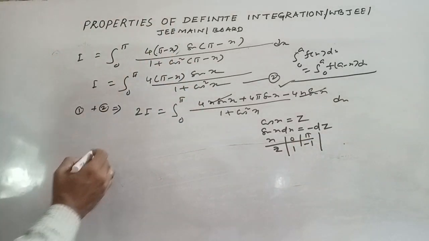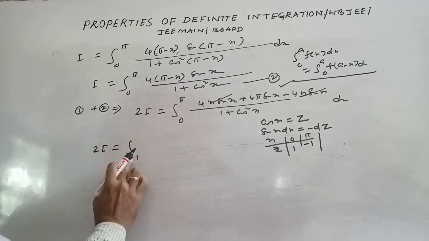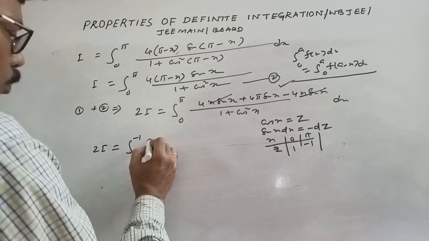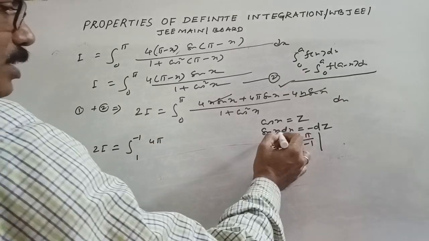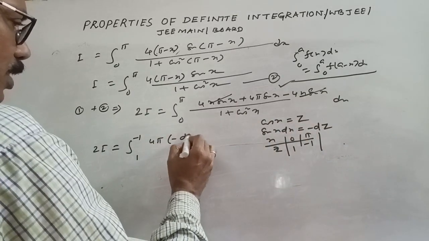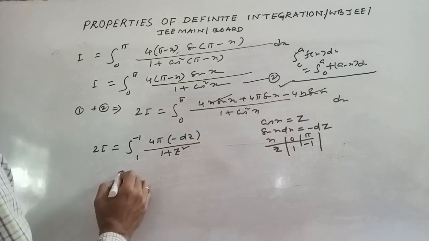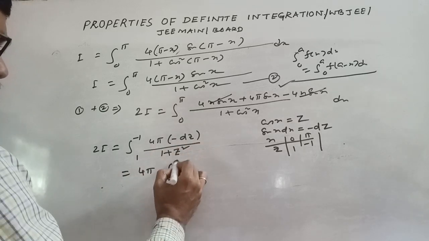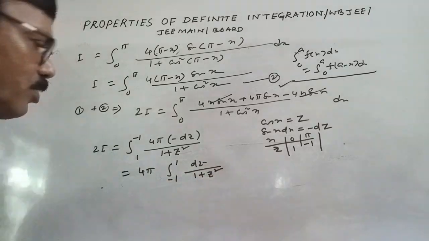Now it is very simple. 2I equals integral from 1 to minus 1, 4 pi as it is, and sin x dx is minus dz, over 1 plus z square. So minus will be plus, 4 pi outside, integral minus 1 to plus 1 of dz by 1 plus z square.